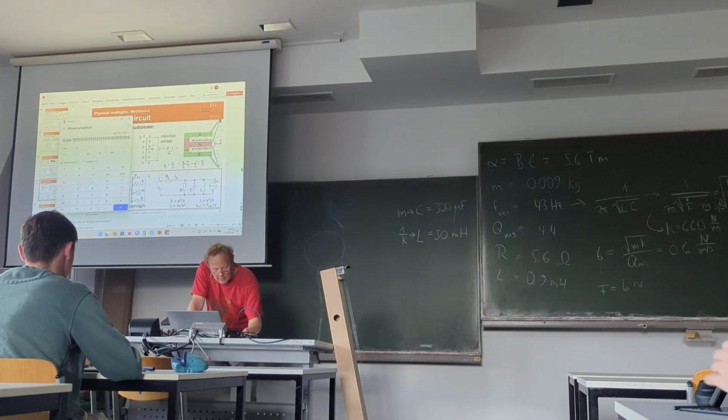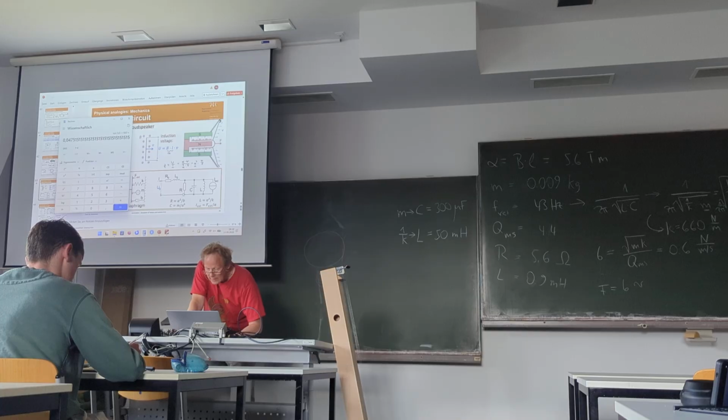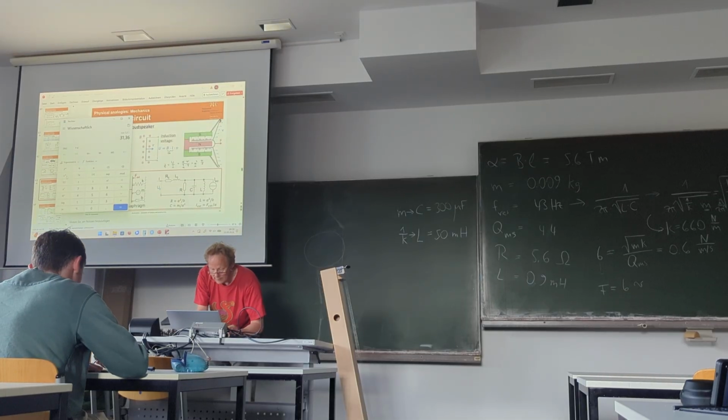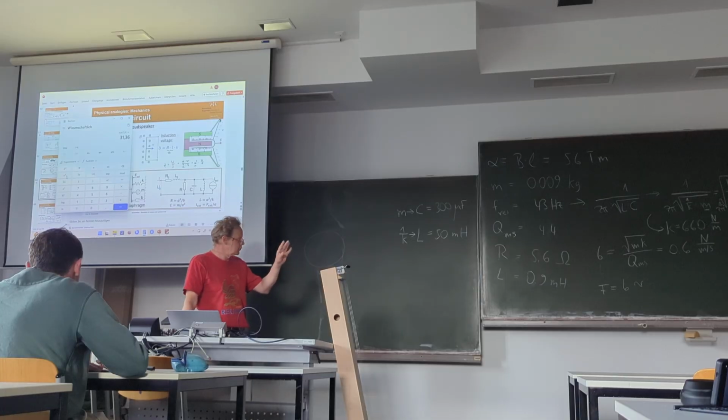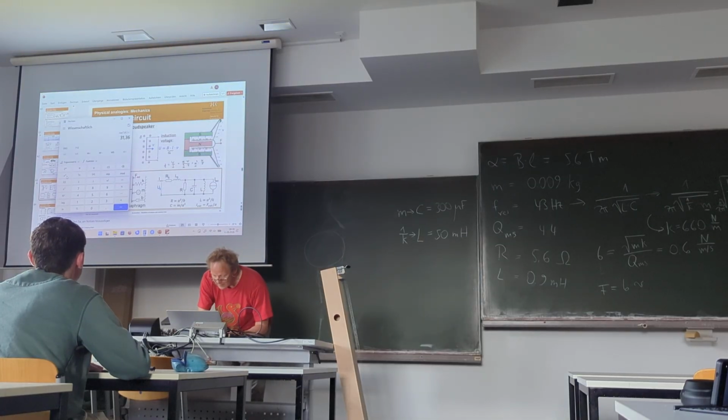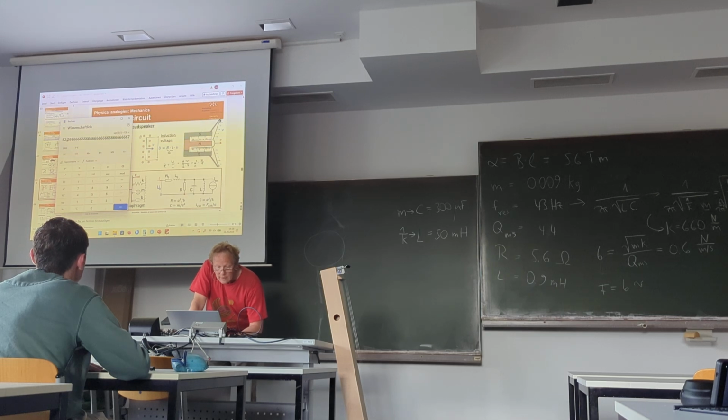And the last one is the value of the resistor, and this is alpha squared divided by B. So again, 5.6 squared, divided by 0.6 for the approximate value. So we have here 52 ohms.